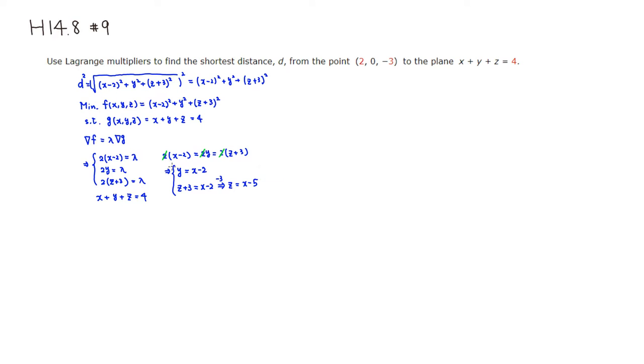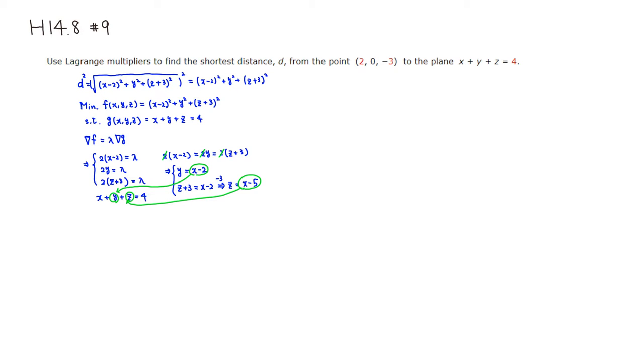Since we can write y and z in terms of x, I'm going to plug these in.